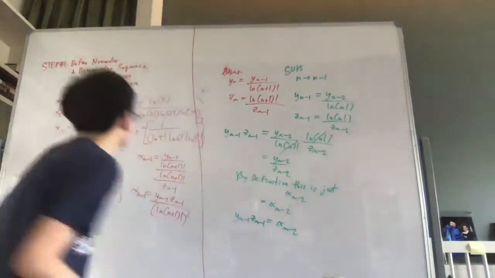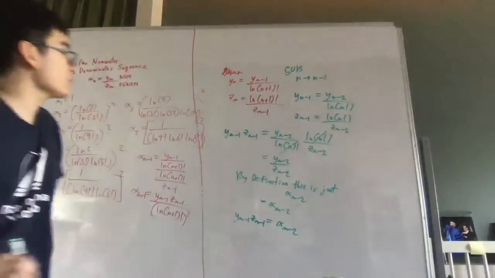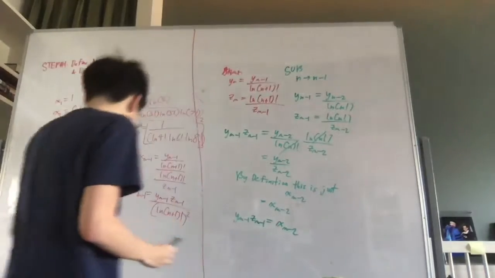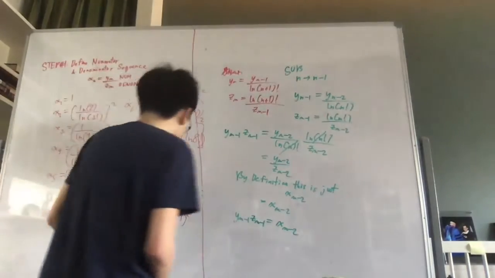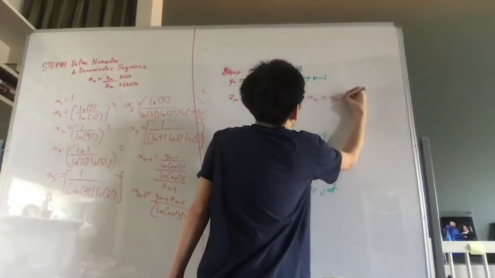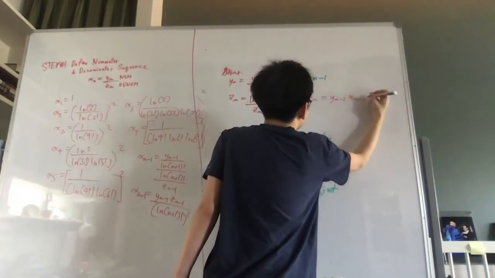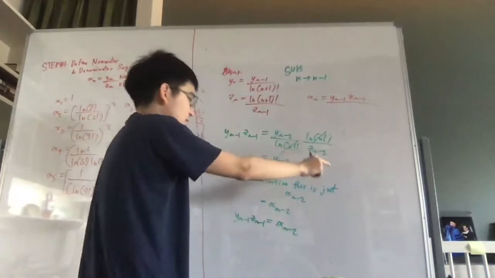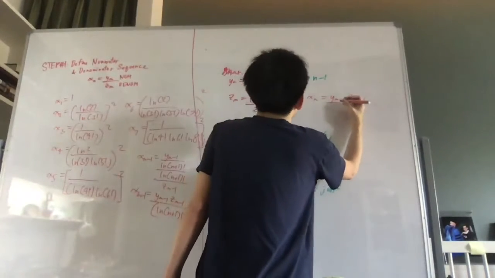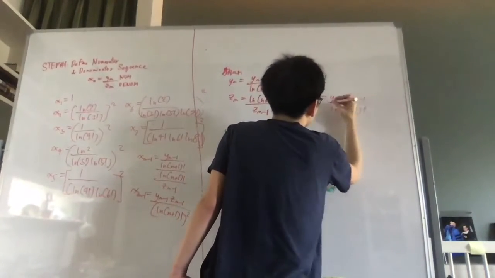x_{n-2}. And so when we reference y_n over z_n and divide them together, x_n simply equals y_{n-1} times z_{n-1}, which you would get again if you use the fraction property, over (ln(n+1) factorial) squared.